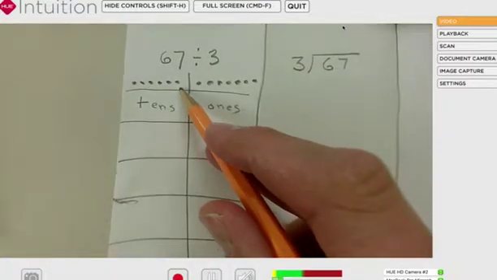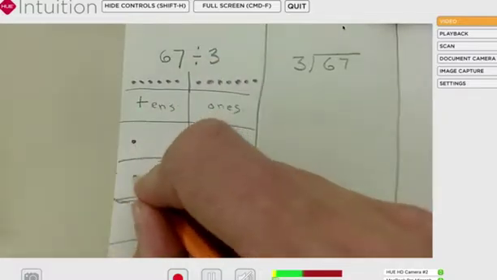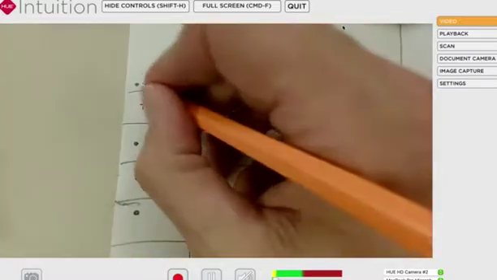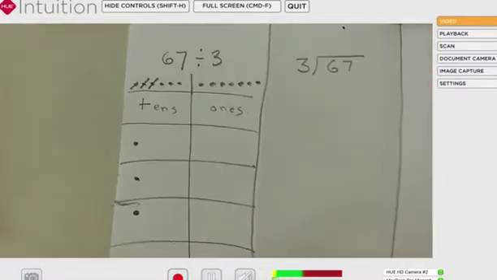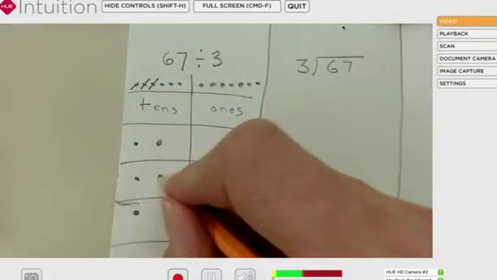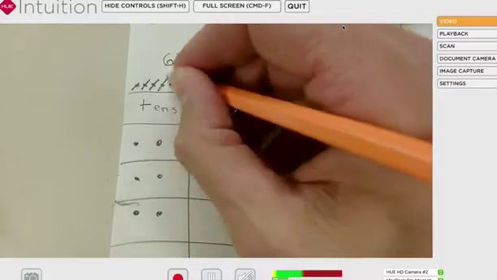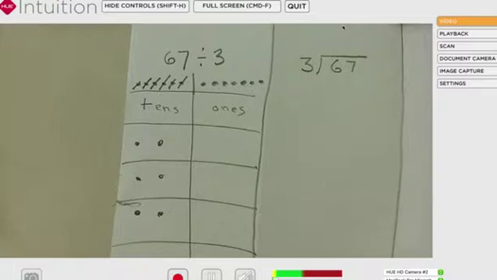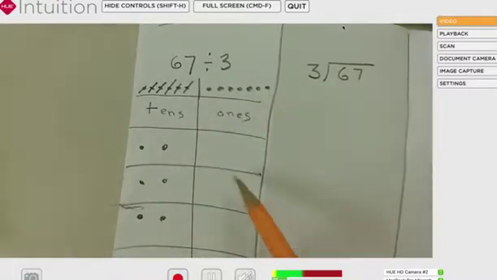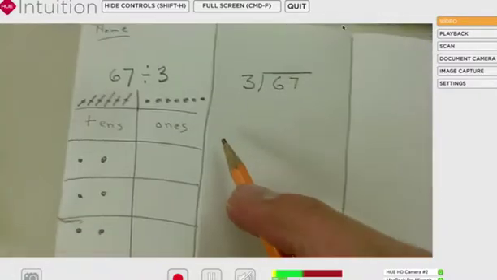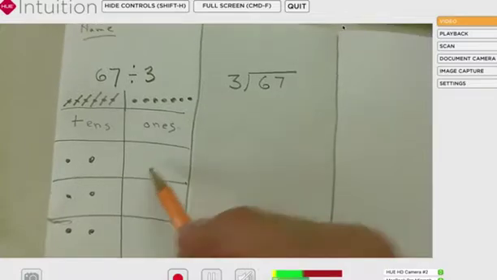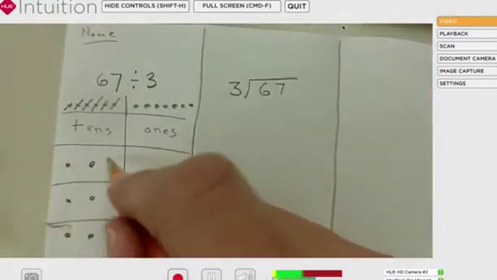Ready? Starting with the tens. 1, 2, 3. 1, 2, 3. Again, 1, 2, 3. 1, 2, 3. Well, that's pretty lucky that it worked out that way. There's nothing left over in the tens. And let's see how many are in each one.